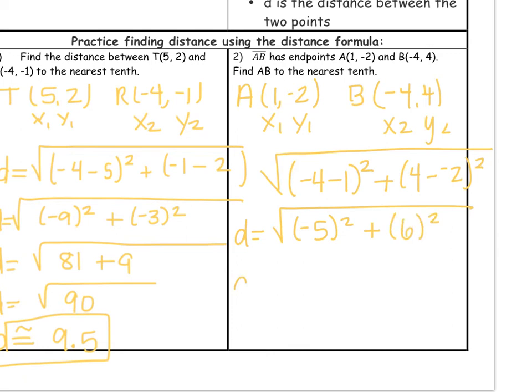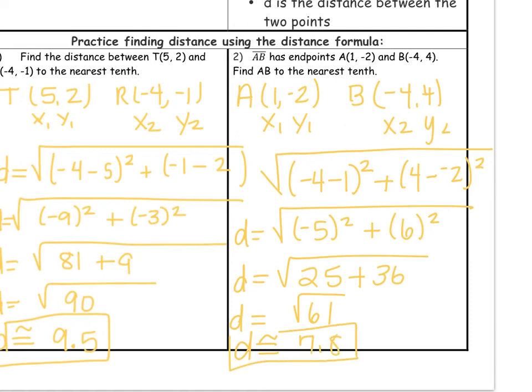And squaring will take care of that negative inside the parentheses. Negative 5 squared is 25. 6 squared is 36. 25 plus 36 is 61. And when I take the square root of 61 on my calculator, it's about 7.8. So check your answer, see if you did it correctly.